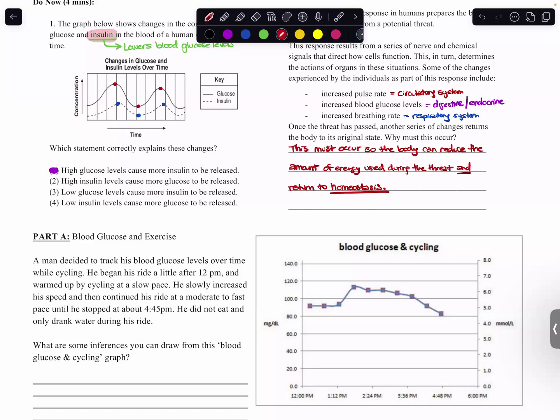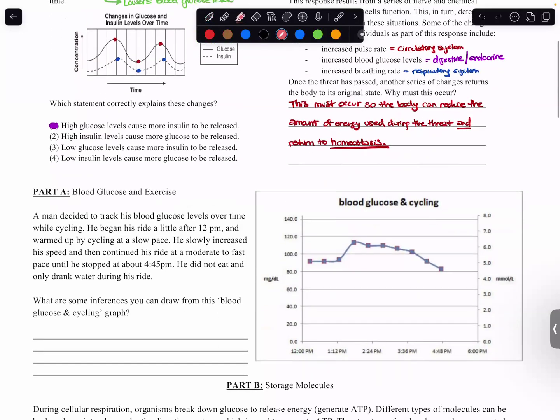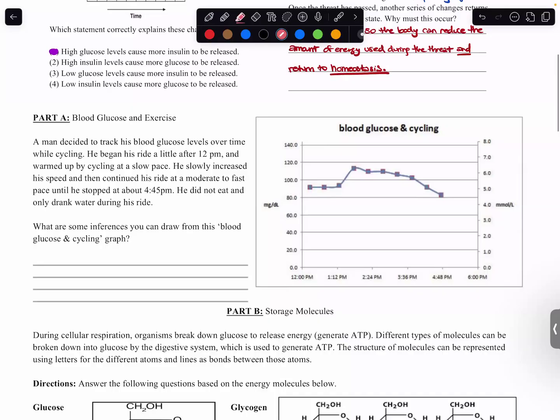All right, part A. Blood glucose and exercise. A man decided to track his blood glucose levels over time while cycling. He began his ride a little after 12 p.m. and warmed up by cycling at a slow pace.